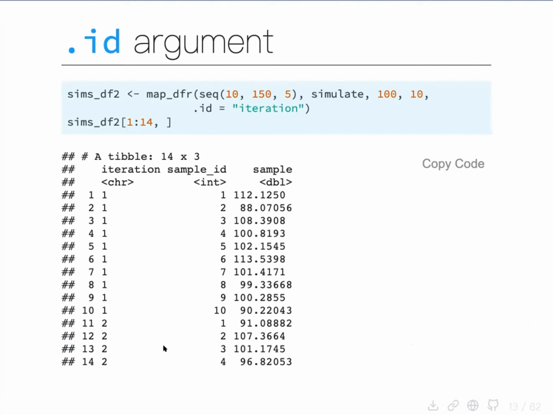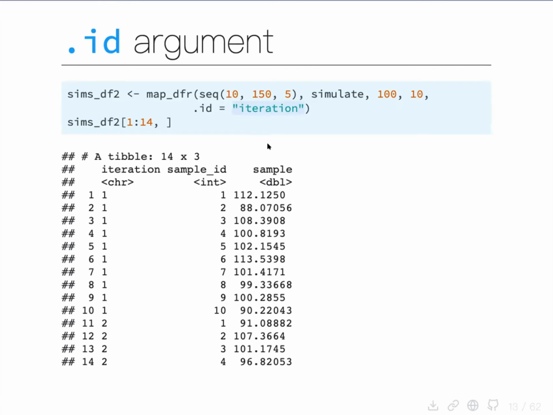So what we can do is add this additional .id argument, okay? The .id argument will add an additional column as it goes through the iterations. So I'm saying .id equals, and then I put it in a string. Whatever I put there is going to be the name of the new column.